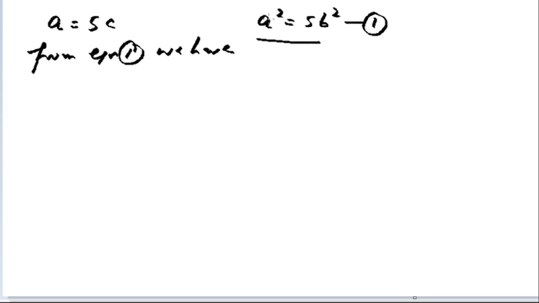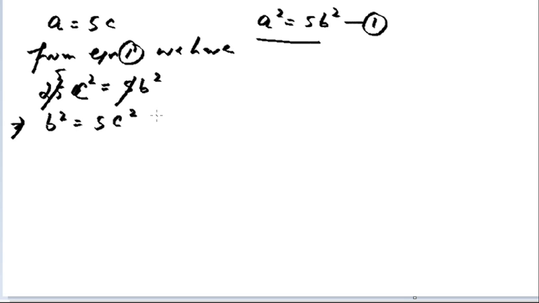What will it become? Because here is a square, it is 5 squared, means 25c square equals 5b square, which implies that, what will it become? 5 ones are 5, 5 fives are 25, means b square equals 5c square, isn't it? b square equals 5c square.